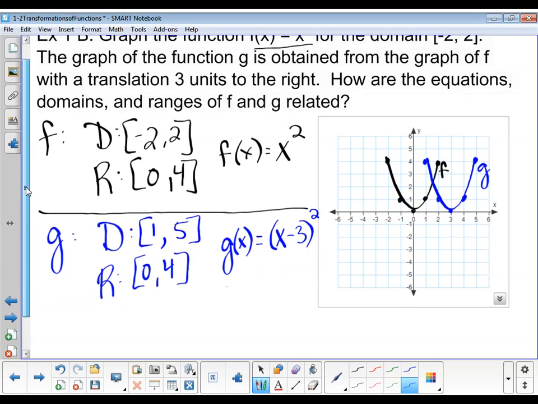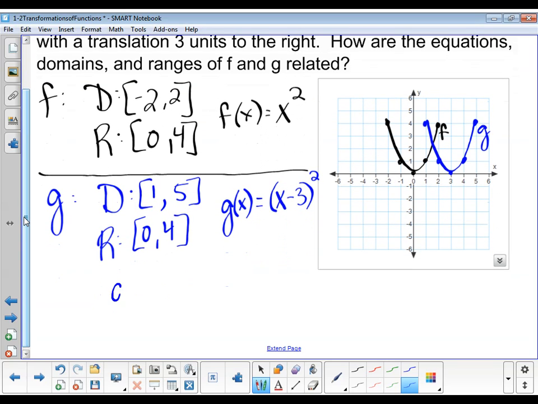And that is because if we say that we were adding 3 to each of the x values to get g, that means that the g function is actually 3 less than the x values of the f function. So you would do the x minus 3 of f in order to get your g.